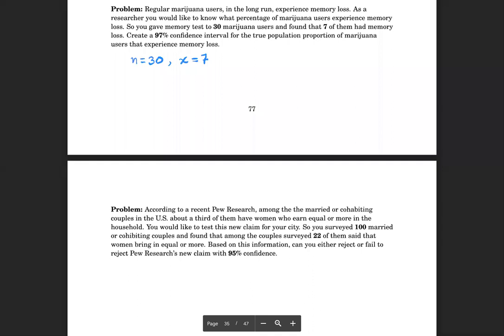Okay, so n is 30, x is 7, so we can easily find p hat, x over n, which is 7 over 30. Now, the next thing: the confidence level is 97%, or 0.97.